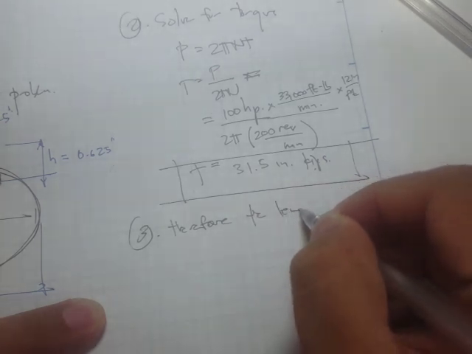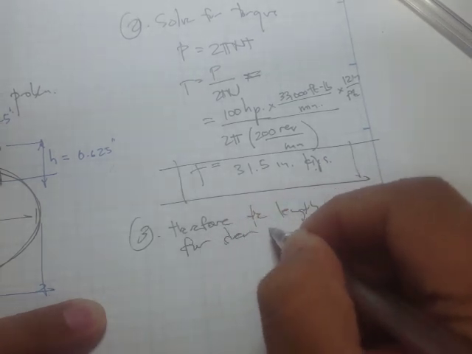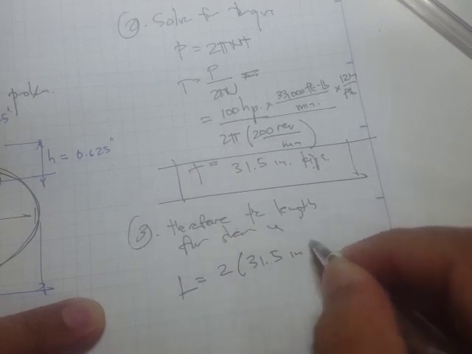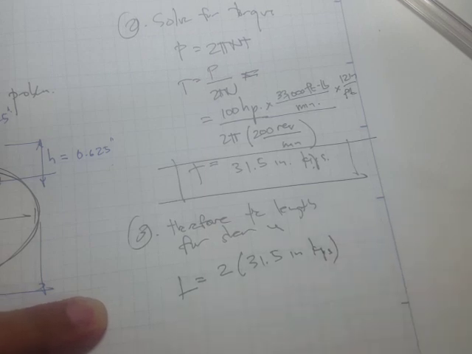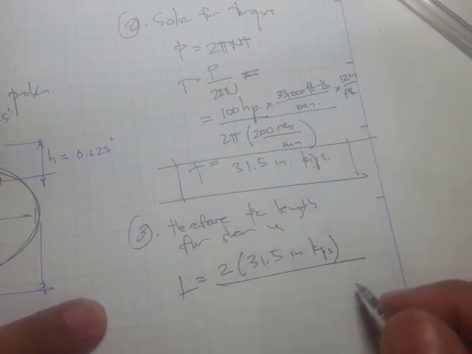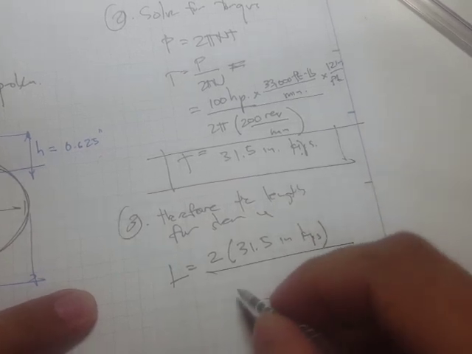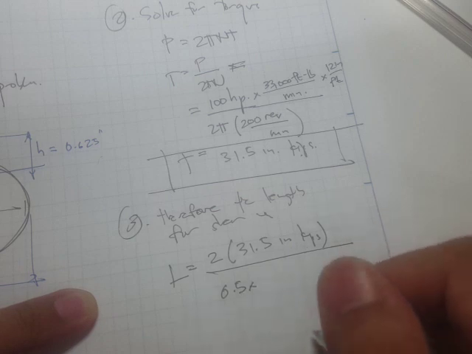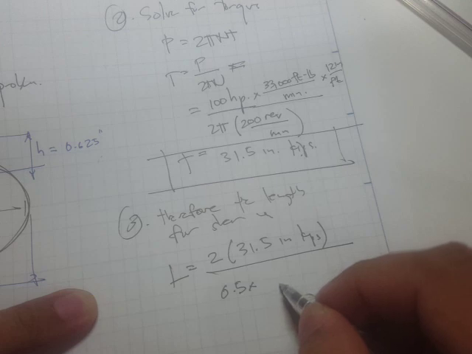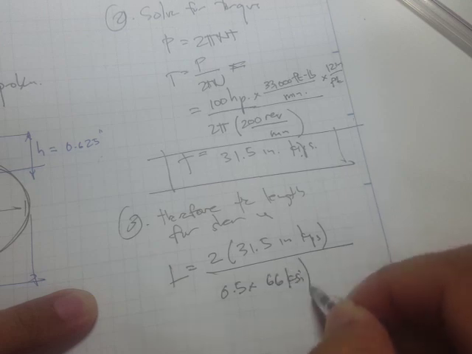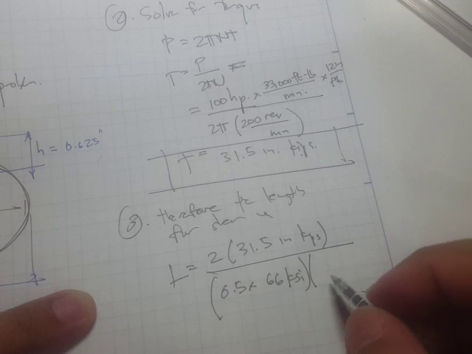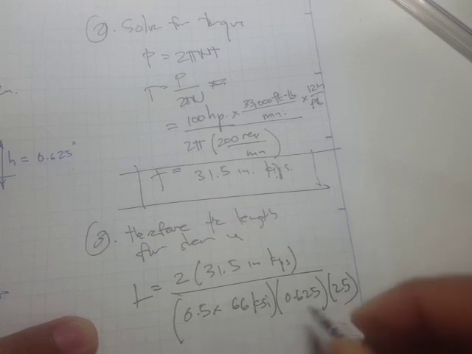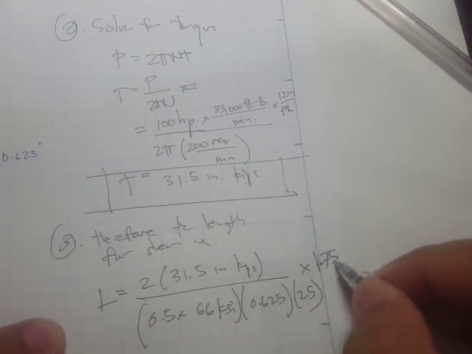Therefore, the length for shear is L equal to 2 times the torque, 31.5 inch-kips, divided by the shear yield strength, which is 0.5 times 66 ksi, times the width of 0.625 times the diameter of 2.5, times the factor of safety of 1.75.